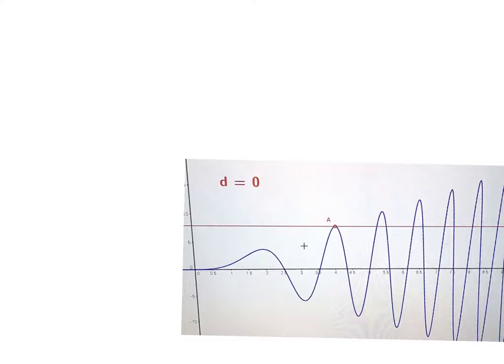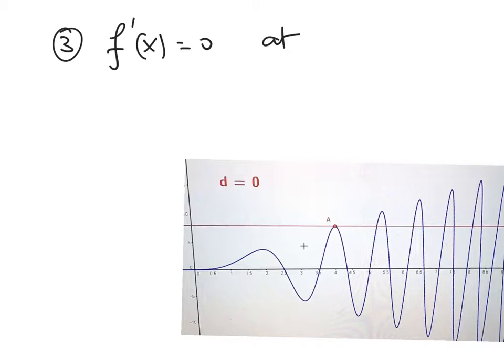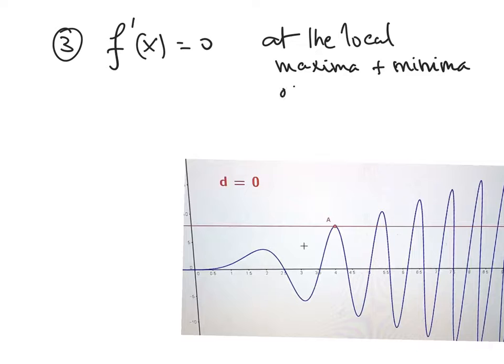So the third characteristic of the first derivative is that the derivative is equal to 0 at the local maxima and minima of the function.